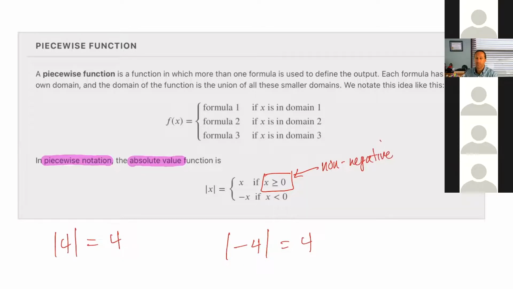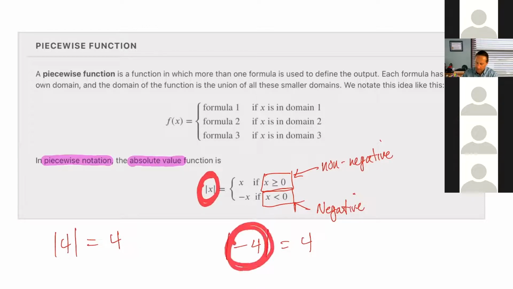Non-negative. I can't just say positive because 0 is included in it, right? But if x is less than 0, which means it is negative, then what are they saying is going to happen to the thing on the inside? What are you going to get out? You're going to get out negative whatever you put in, or what we call the opposite.